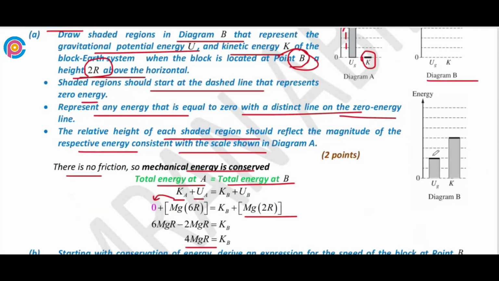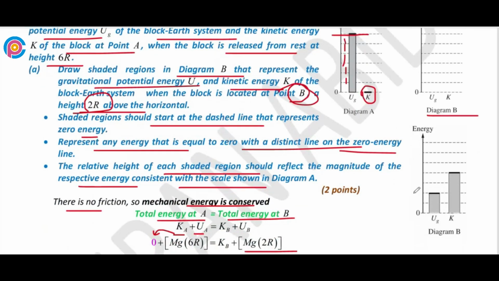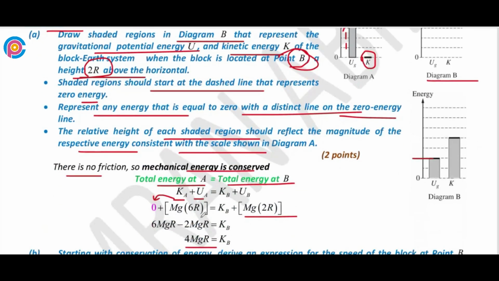I have reduced the potential energy from 6 mgr to 2 mgr, and the kinetic energy is equal to 4 mgr. So that's the 4 scale units we represent for the kinetic energy, according to the scale.